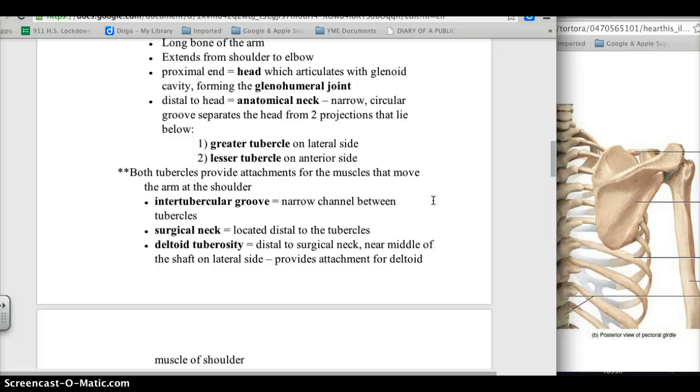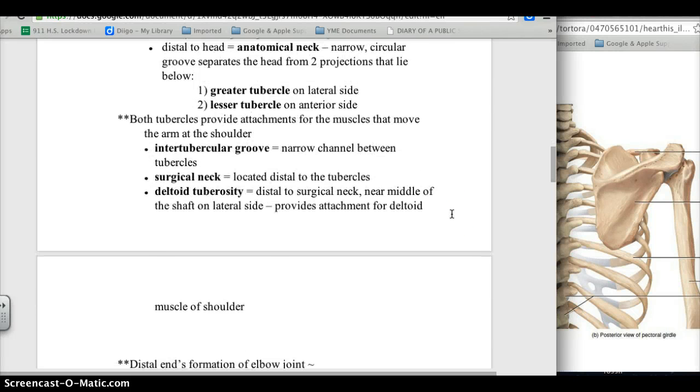One's called the greater tubercle, the other one's the lesser. But notice where they're located on the humerus. You have to remember where the lateral side is in relation to the body, and the anterior side. These features provide the attachments for muscles that move the arm at the shoulder.